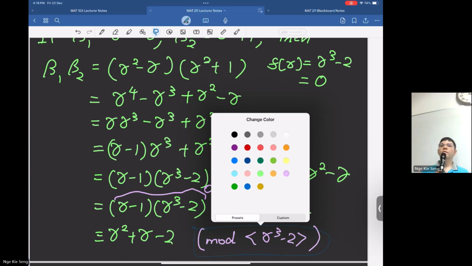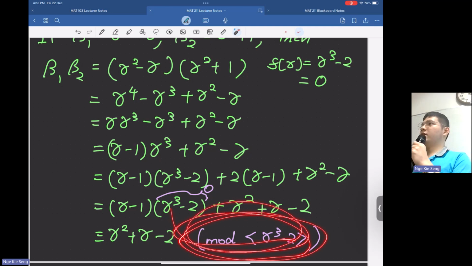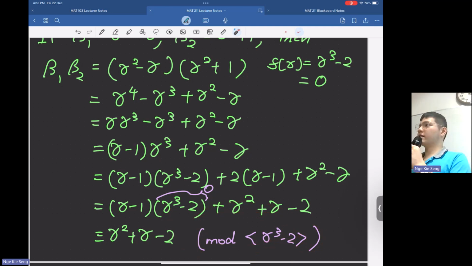Okay. Yeah. Okay. Any question? Any question? Yeah. So you see, if I write in this form, isn't it a bit like the integer modulo arithmetic?